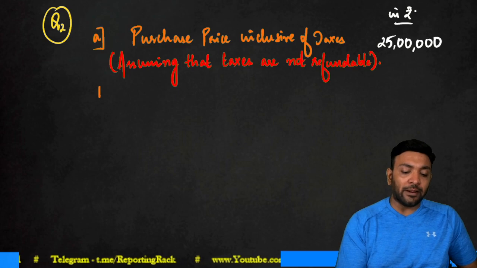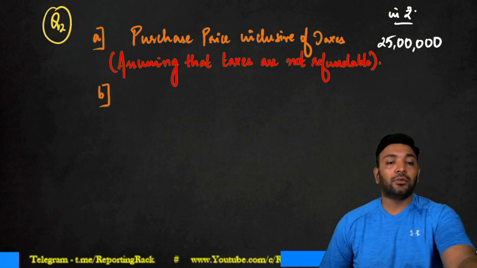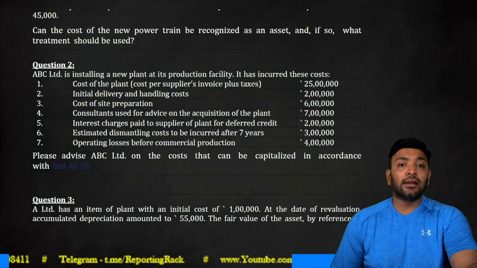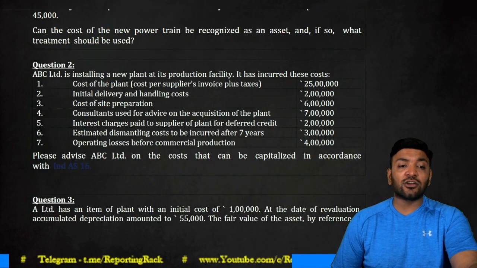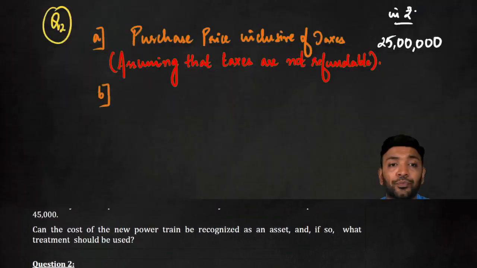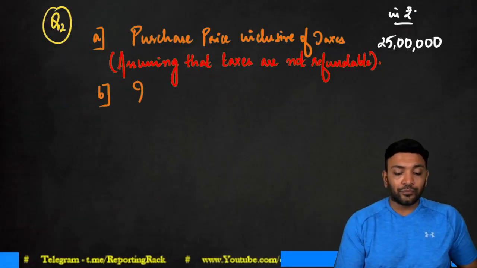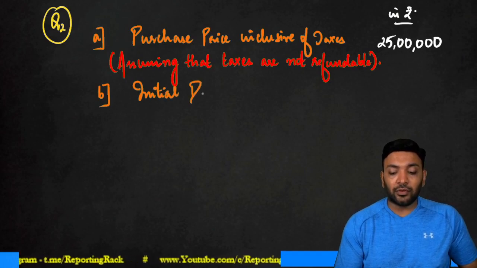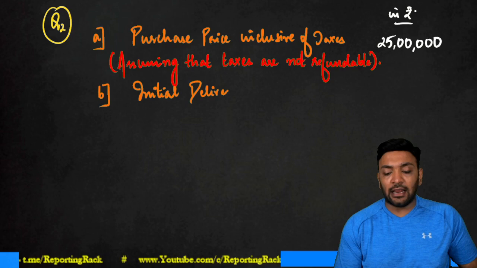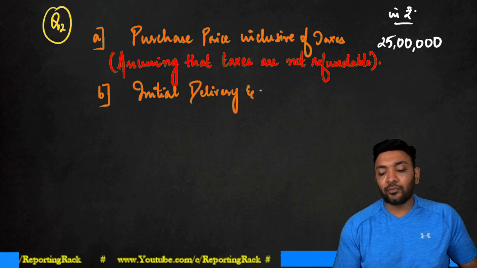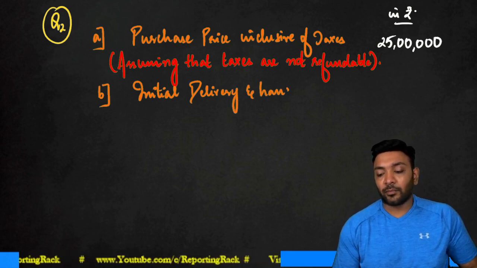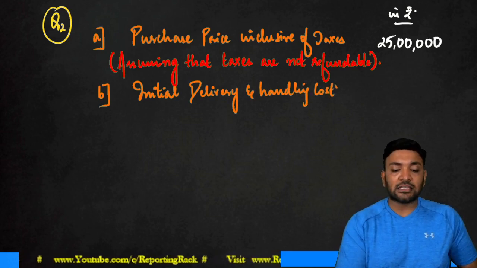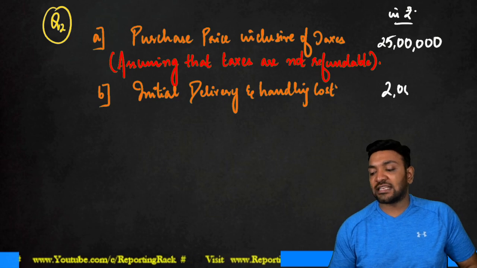Then part B. What is the second one to be included into the cost? Initial delivery and handling charges of 2 lakhs are supposed to be included. Delivery and handling cost of 2 lakhs supposed to be included into the cost of the asset.